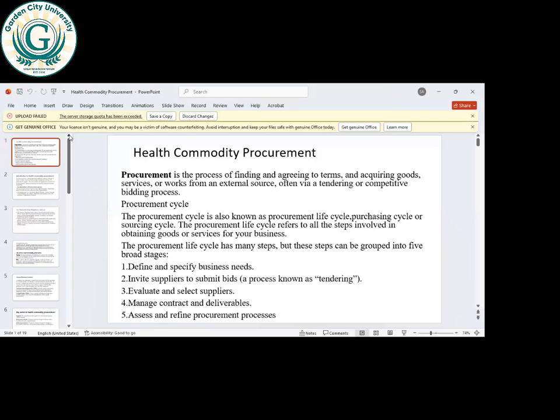Why do we say that you do them via tendering? Per the Procurement Act, any government contract above 20,000 Ghana cedis must go through competitive tendering, must go through a tender for other suppliers to bid. Any item above 20,000 that does not go through the tendering process often faces problems, because if someone triggers it, you are going to be in trouble.